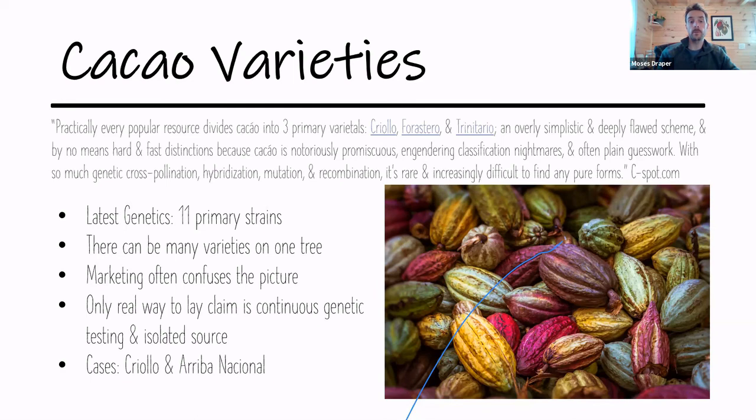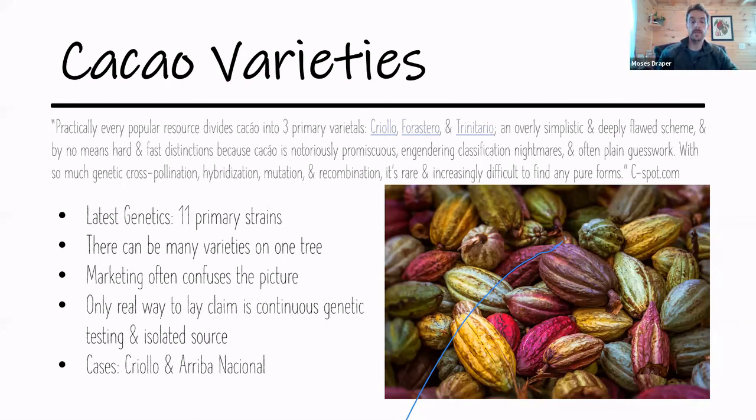So often, because of the nature of cacao, some of the varieties like Criollo, which is considered a heritage variety, which is more susceptible to disease, some of the hybridized varieties will often outcompete the other varieties, and so it's hard to find a lot of them. So a lot of times what's happening with claims of cacao variety is more marketing than reality.